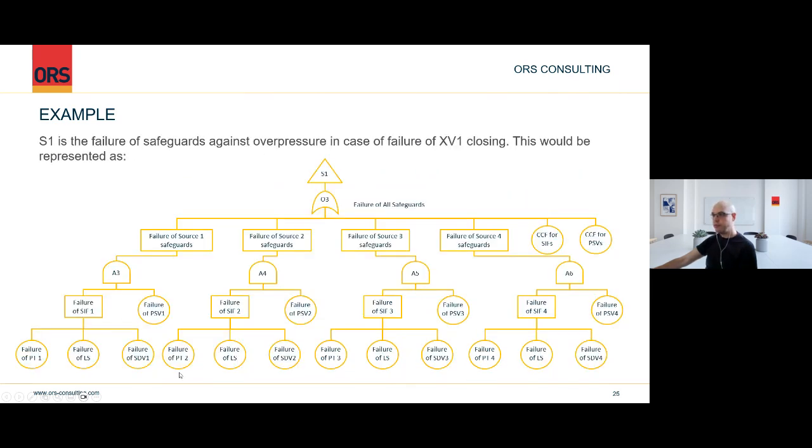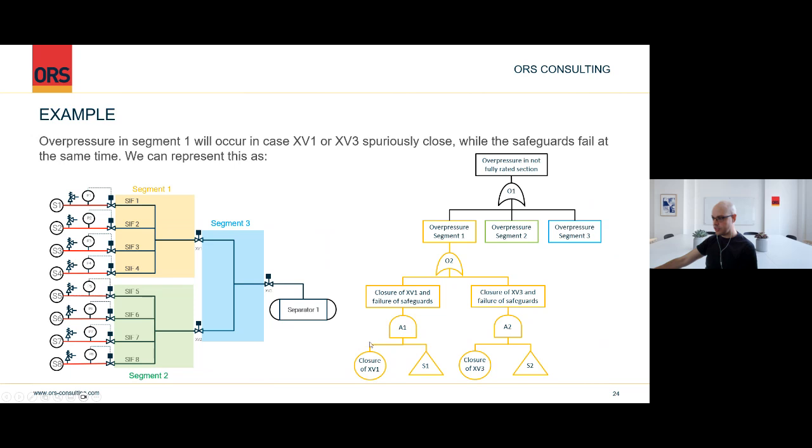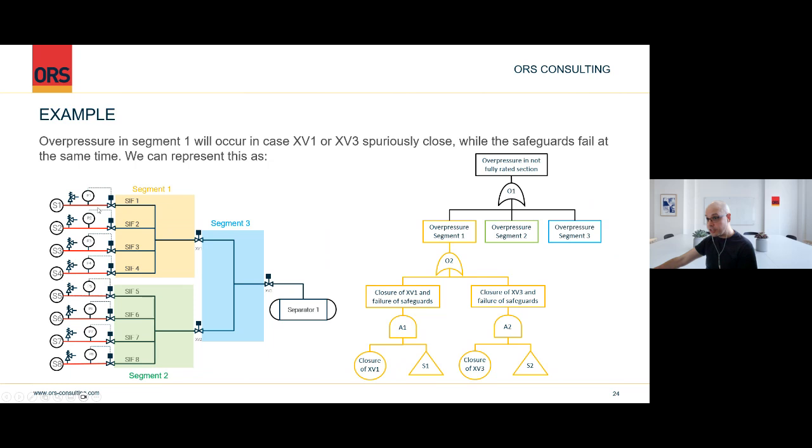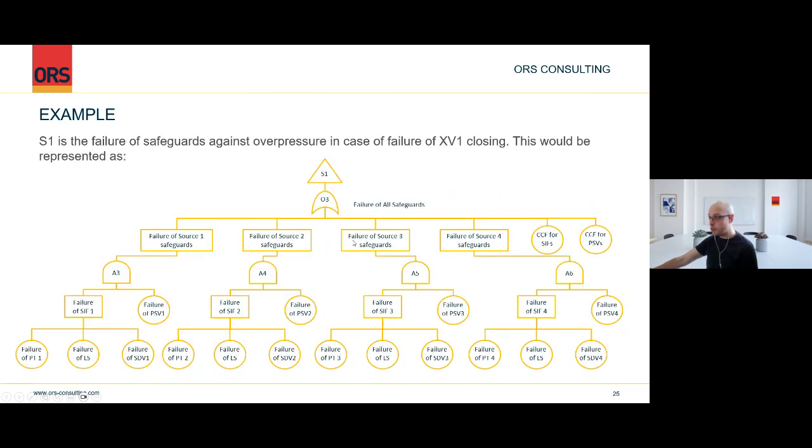So then, this is fairly simple. Now I'm going to develop the failure of the safeguards for segment 1, right? Now, if any of these safeguards fails, right? First of all, you see I break it down into the different sources.